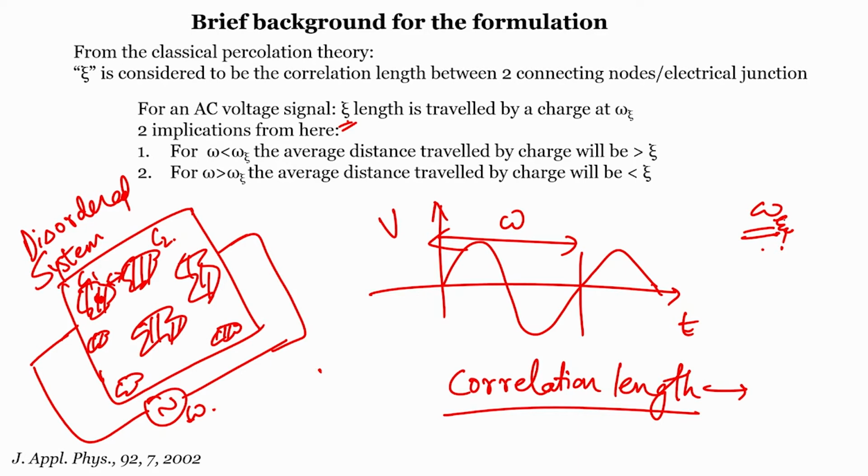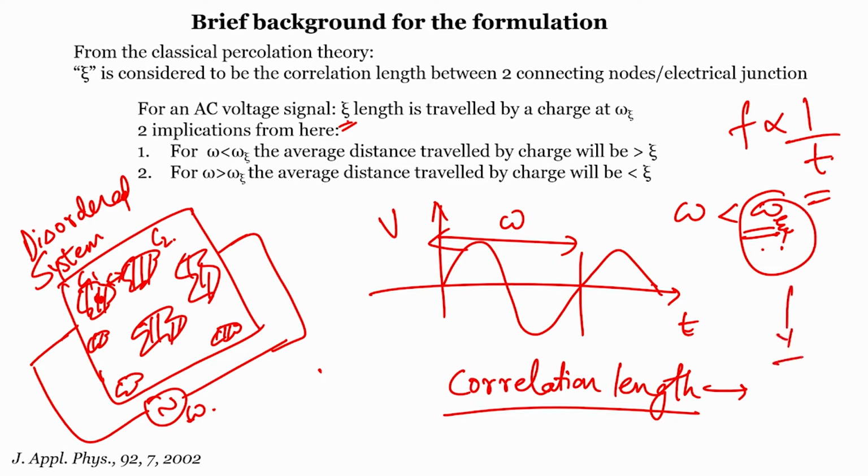Then the next deduction that we can logically make is that for a frequency which is less than this, which means lower frequency, more time period, because frequency is inversely proportional to time, in this extra time period compared to the time period corresponding to t psi, the charges will travel a distance greater than psi, and vice versa.